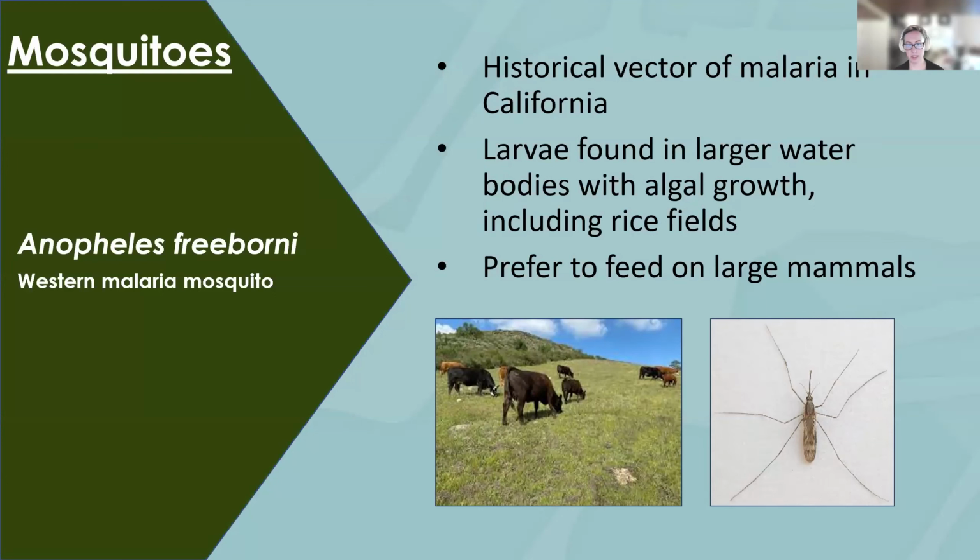Depending on where you live in the state, you may be familiar with these because they are particularly notable for their tendency to come out and bite people on the first warm days of spring, or if we have an unusual stretch of warm days in the middle of winter. It can be surprising to see mosquitoes at those times of year when they're not expected, particularly when these are a little bit larger than your average mosquito and very aggressive.